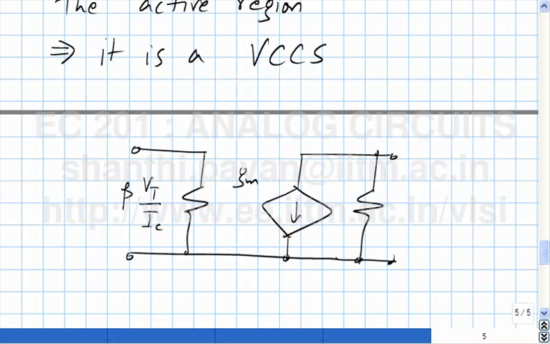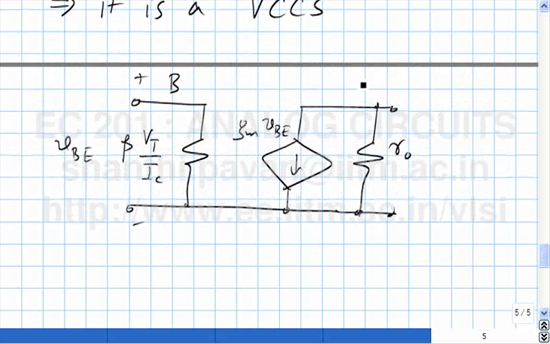This is GM VBE. This is RO. This is the base, this is the collector, this is the emitter.